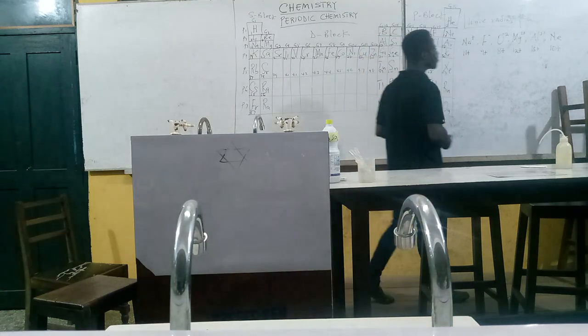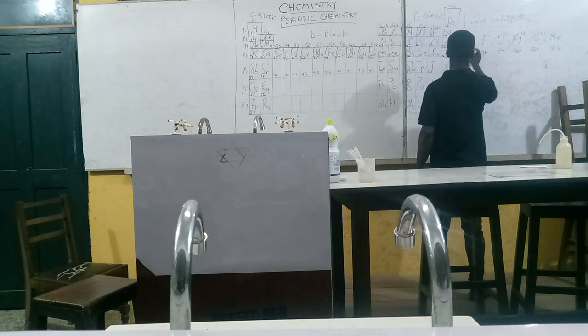Now let's look at the number of electrons they have. Sodium was having 11, it has lost 1 electron, so it's now having 10 electrons. Fluorine was having 9, it has gained 1, so it's now having 10 electrons. Oxygen was having 8, it has gained 2 more, so it's now 10 electrons.